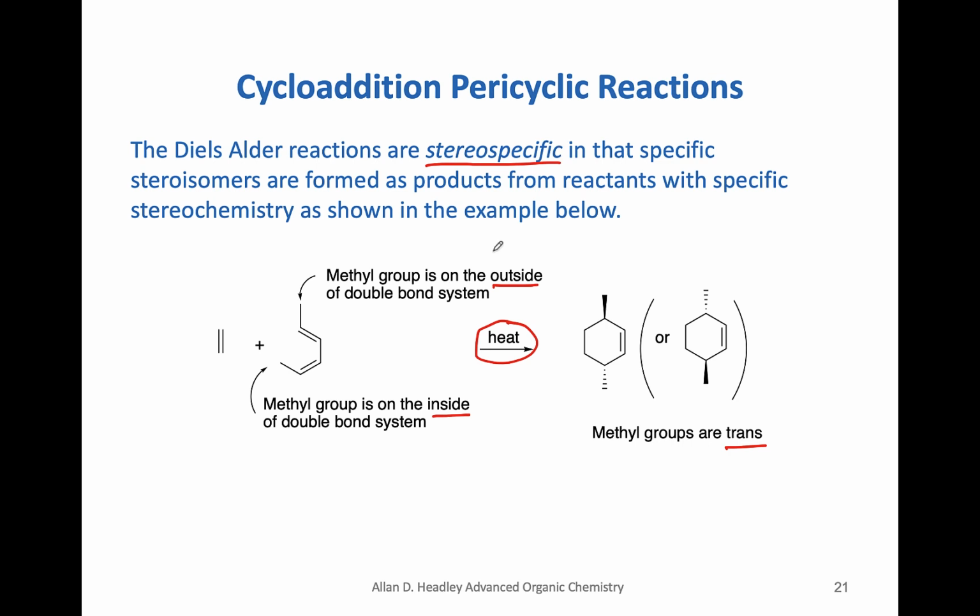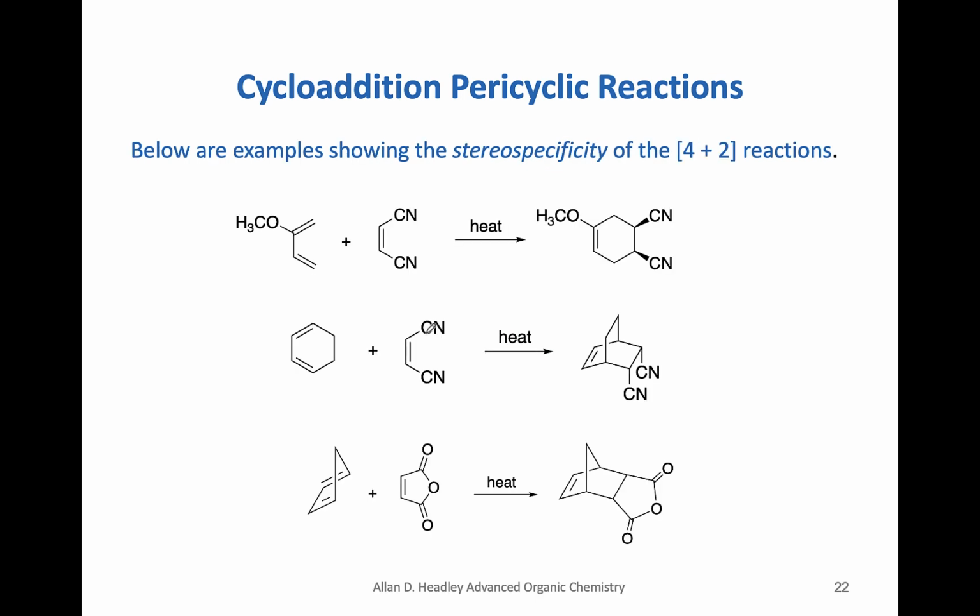So as a summary, the Diels-Alder reactions are in fact stereospecific. They are regioselective also, as we've seen from the previous slide. Let's look at some examples here. So here is the 4 plus 2.